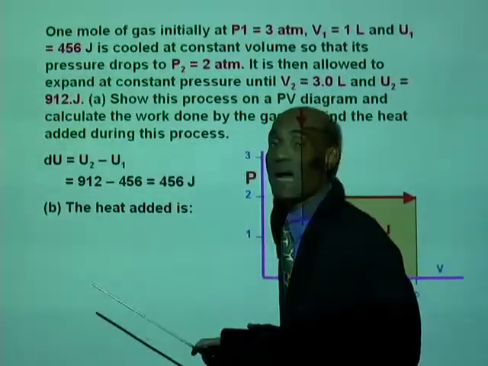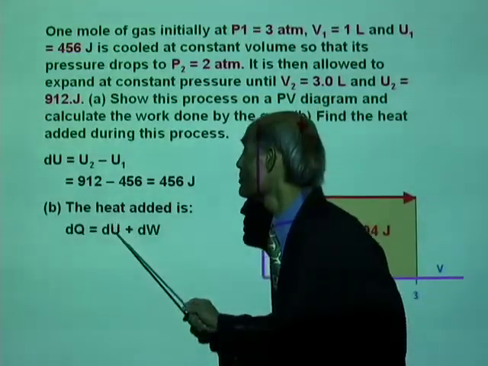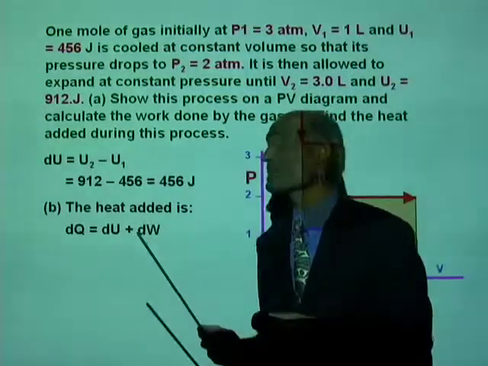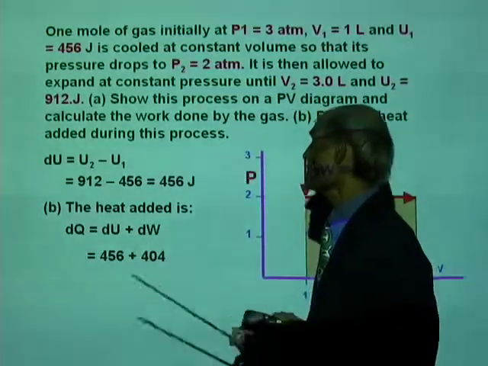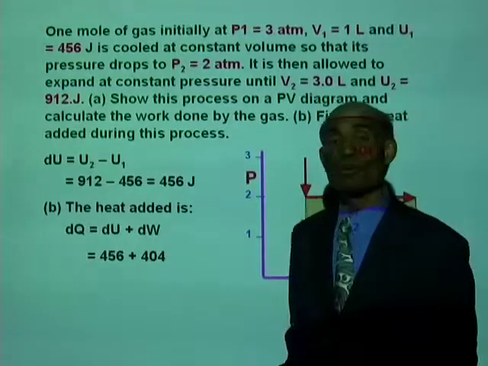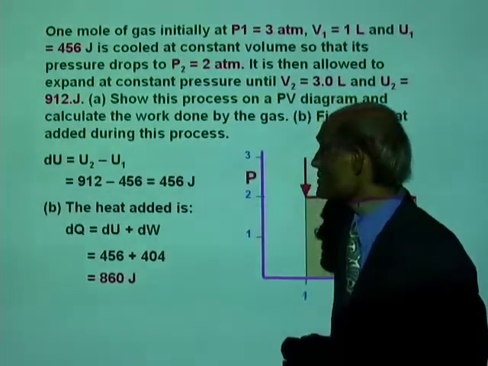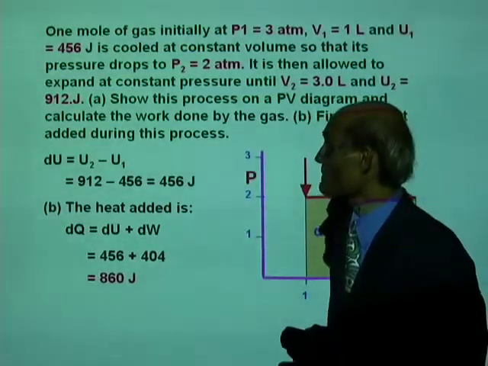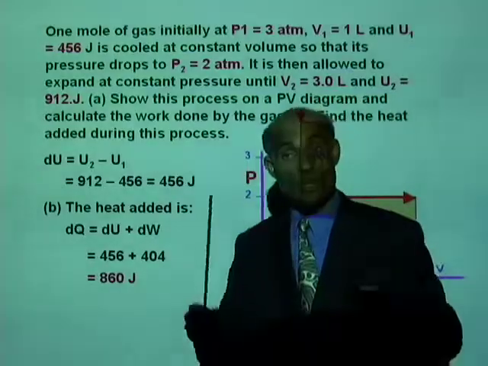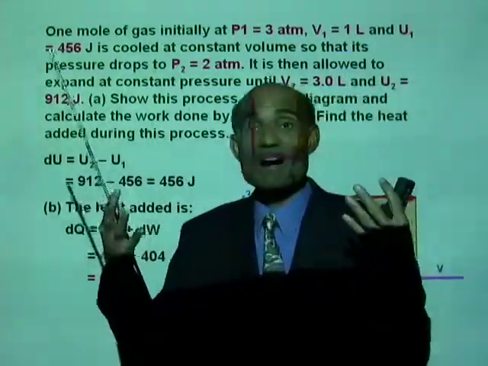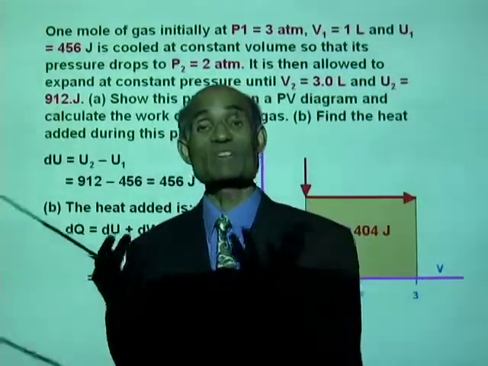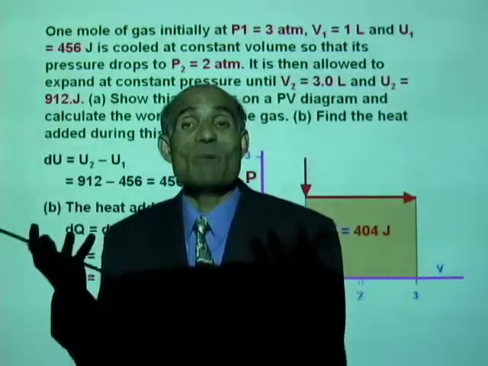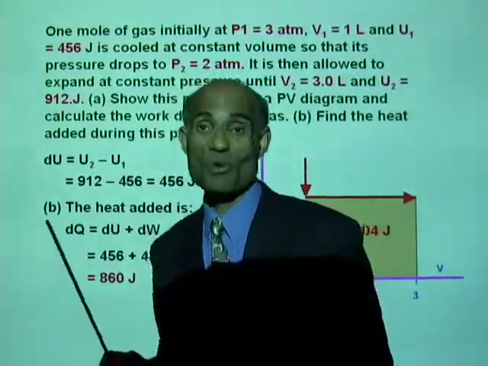Therefore, the heat added is dQ equal to dU plus dW, that is 456 plus 404, that is 860 joules. Okay, so PV diagrams are very useful in calculating the work done, the amount of heat added, and so on.